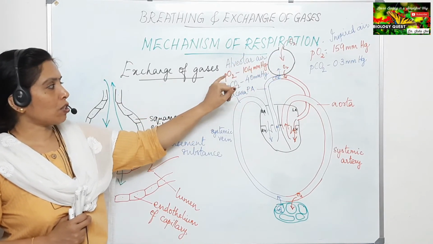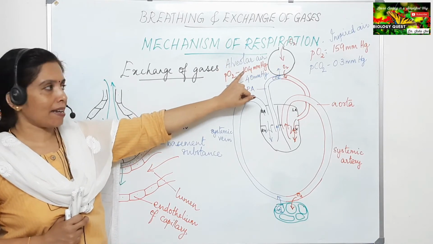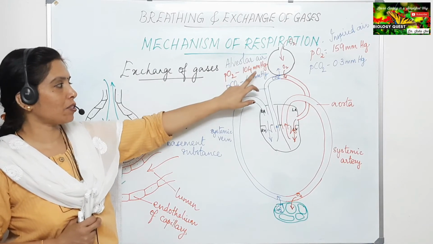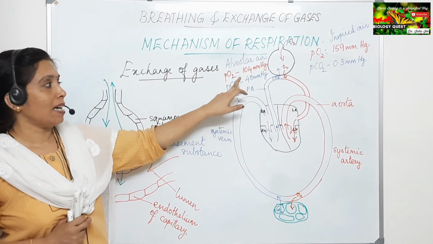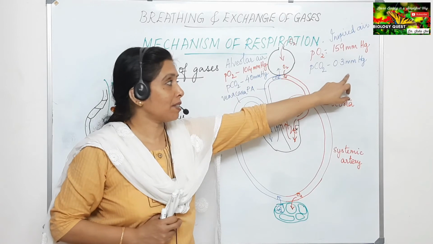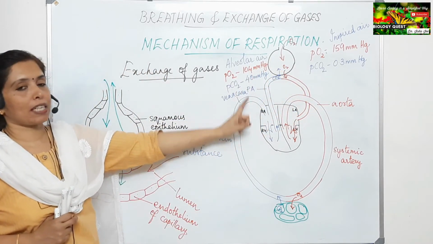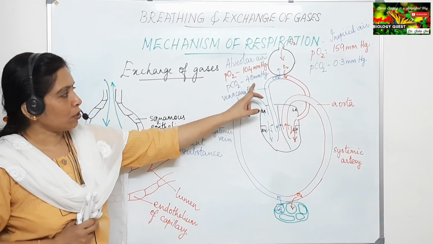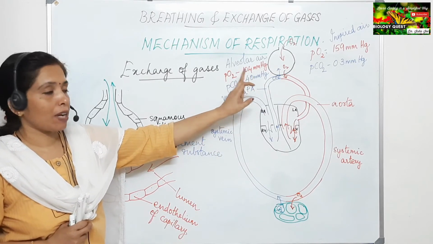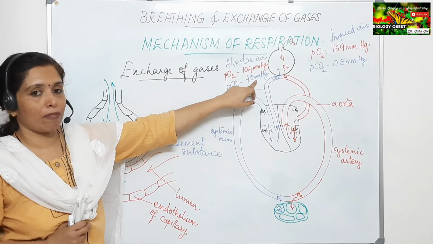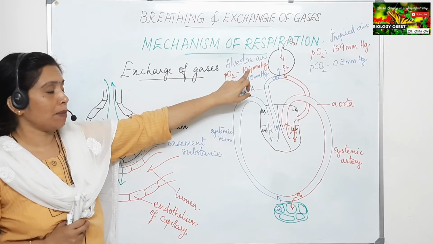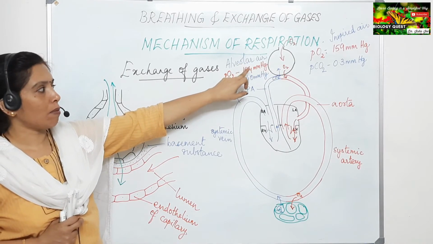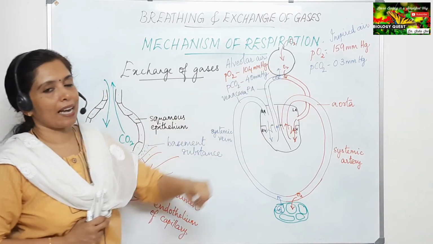The partial pressure of oxygen in the alveolar air is 104 millimeters mercury, and the partial pressure of carbon dioxide has increased from 0.3 in the inspired air to 40 millimeters mercury. But even though the partial pressure of carbon dioxide has increased in the alveolar air, still the partial pressure of oxygen is greater there, isn't it? That is, more oxygen is present in the alveolus.